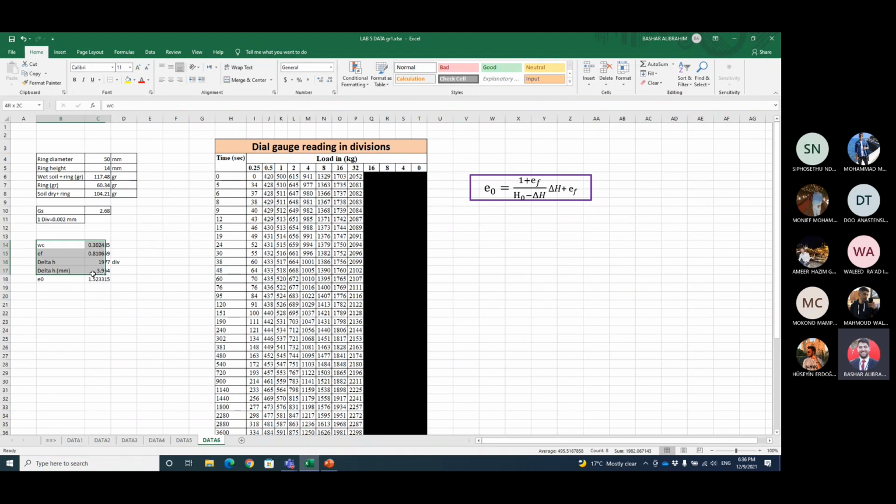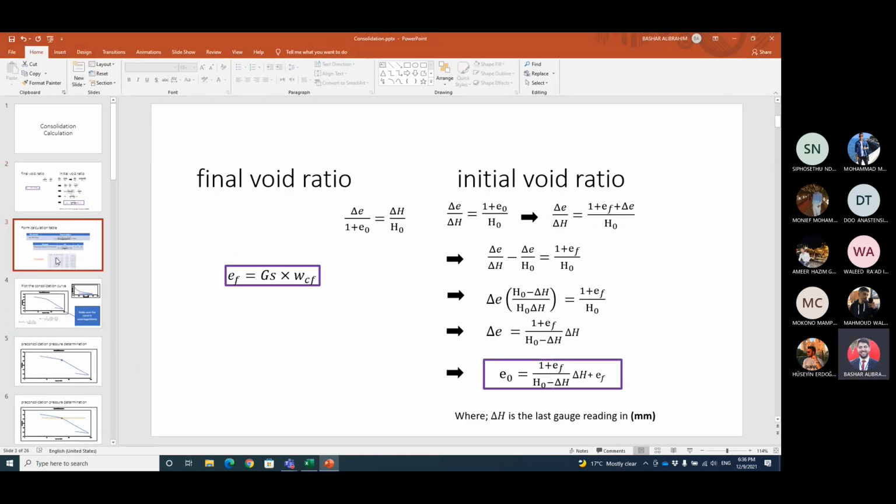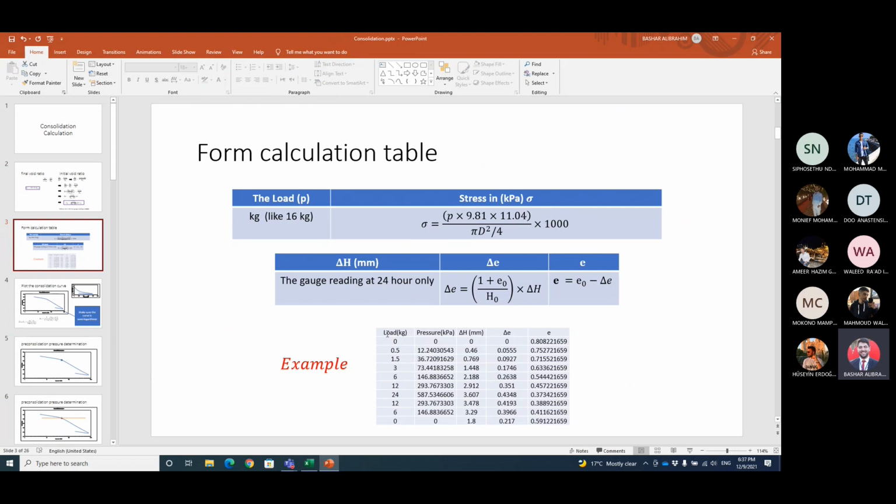So now I finish this part of the calculation. Now I need to make this table. On the table we will have the load in kgs. We need to have the pressure. Okay. And the change in height in millimeter, and change in void ratio and void ratio.